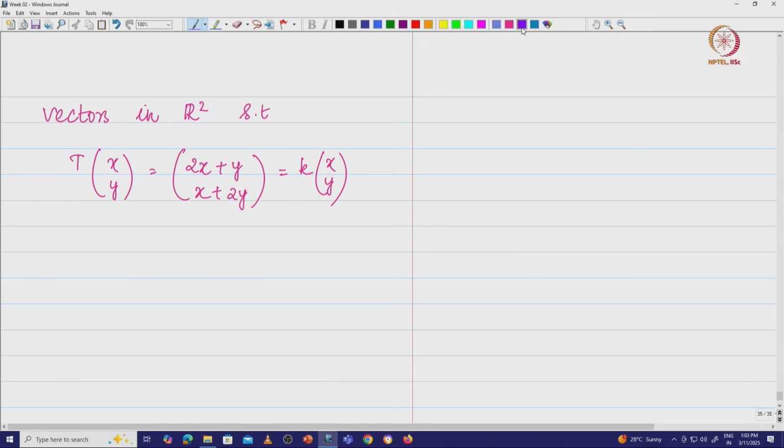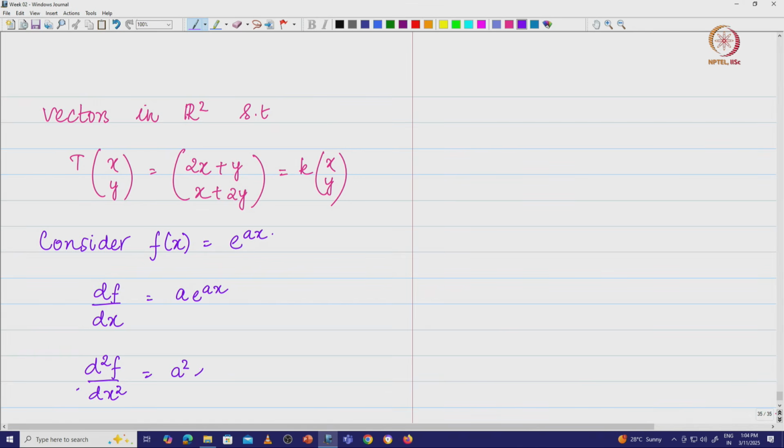Let us look at it from a different perspective. Consider f(x) equal to, let us say, e^(ax). If I take the derivative, df/dx, I get a e^(ax). Let us look at d²f/dx², which is a² e^(ax).